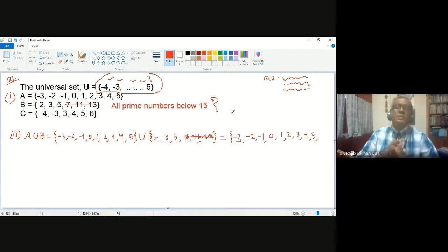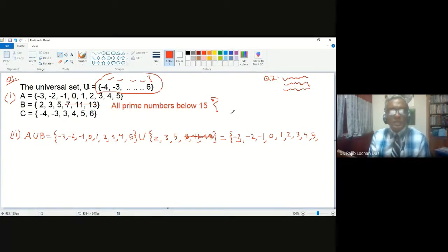The universal set, wherever it is given, will be correct for the whole question, because the universal set cannot be changed. The universal set is the mother set. The mother has 5 children, 6 children, or 2 children, it does not matter, but the mother is one single mother. So it is all right.